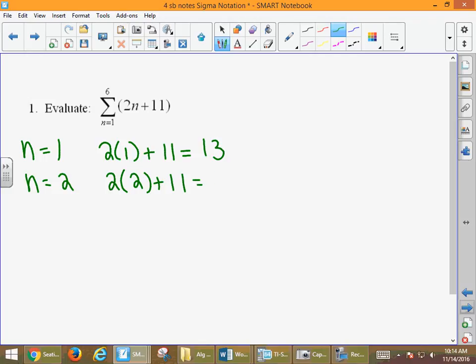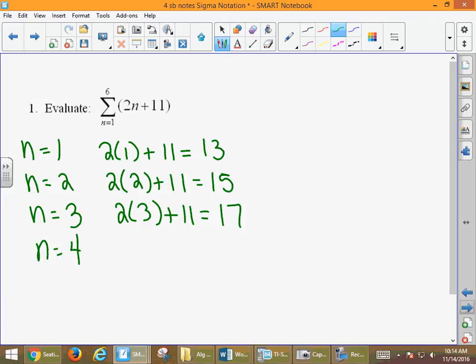Well, 2 times 2 plus 11 is 15. N equals 3. It's going to be 2 times 3 plus 11. That means that our third term in our sequence here is going to be 17. When n equals 4, our fourth term in the sequence is going to be 19.